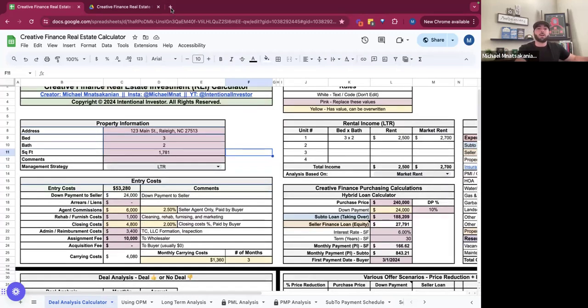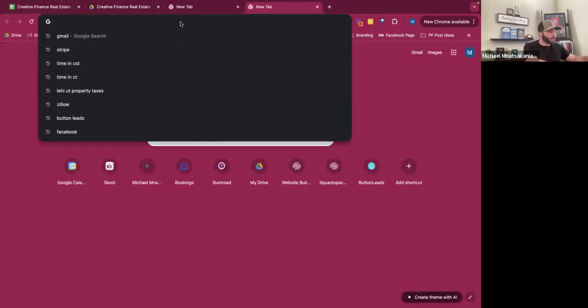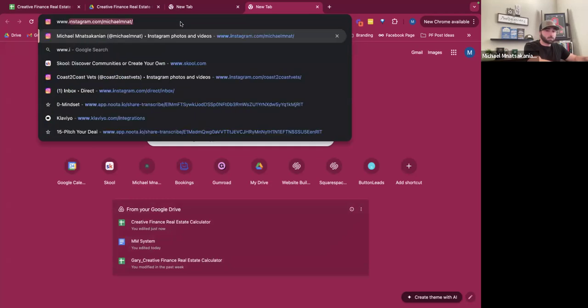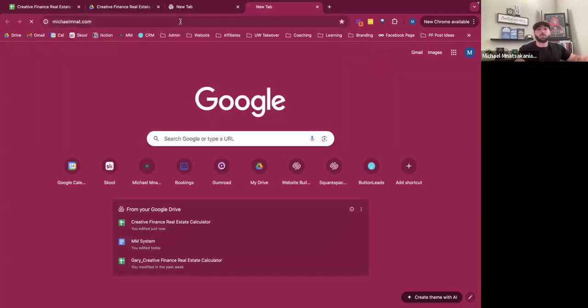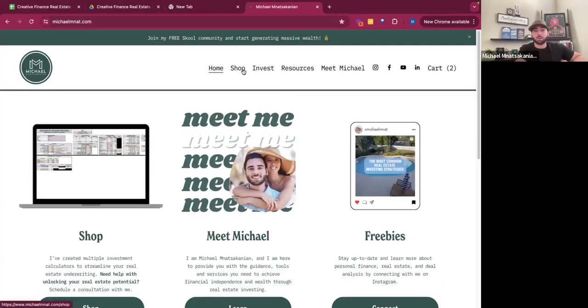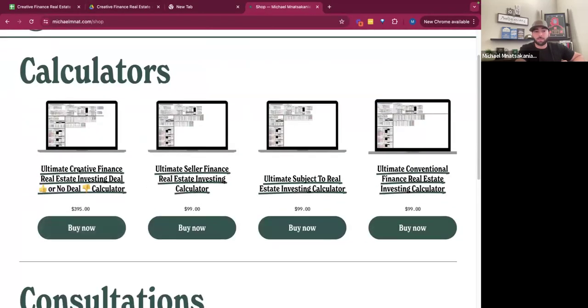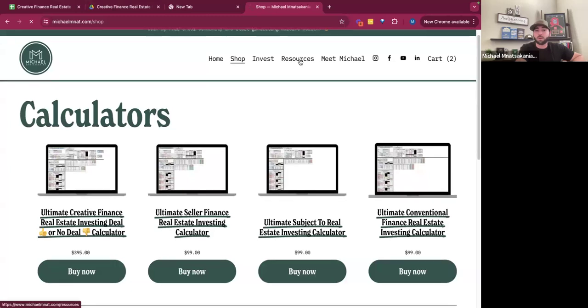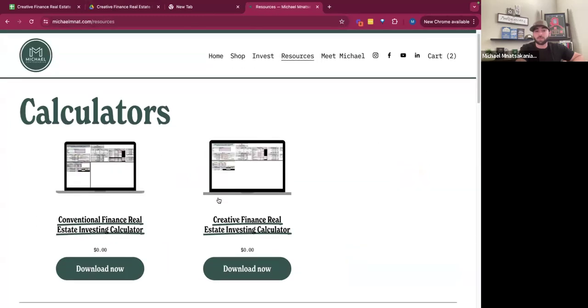When you go on michaelmnat.com, you can go to shop and you can buy the paid Ultimate Creative Finance Real Estate Investing Calculator, which makes it really easy to manage tons of different exits for a property. Or if you have the free one under resources, you have the Creative Finance Real Estate Investing Calculator.